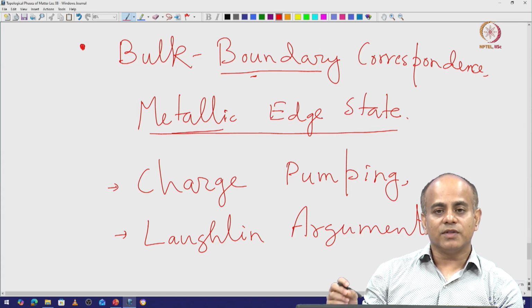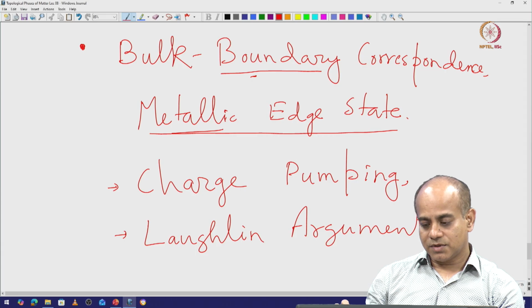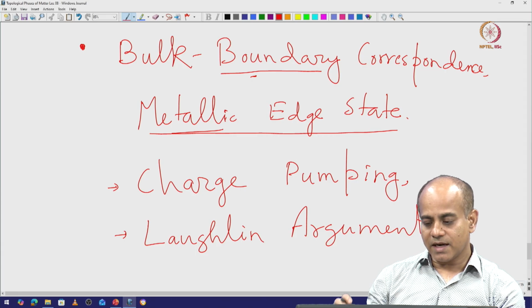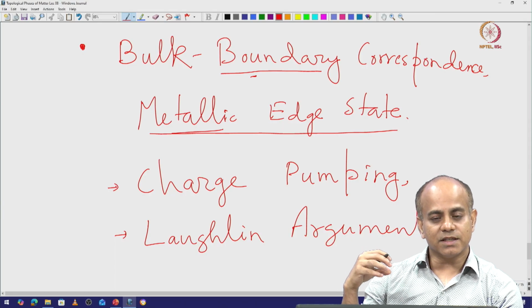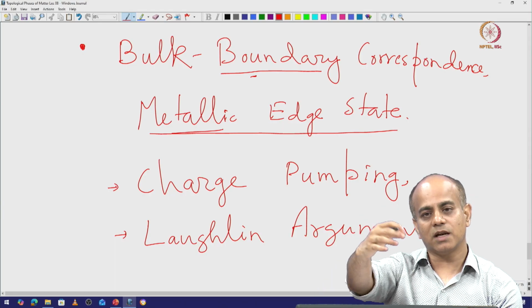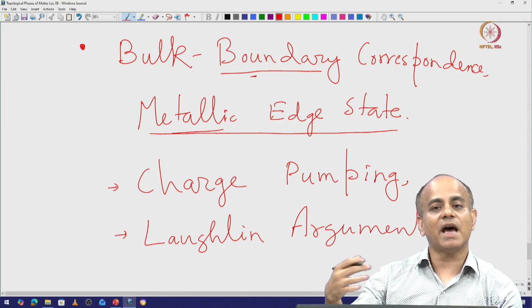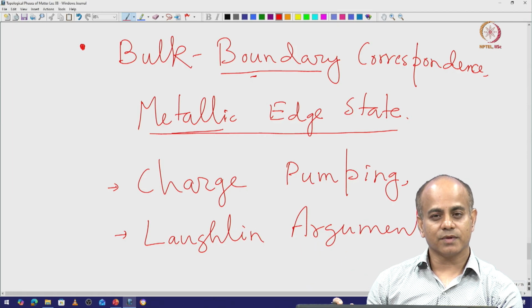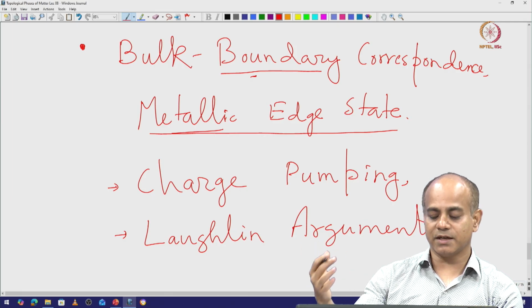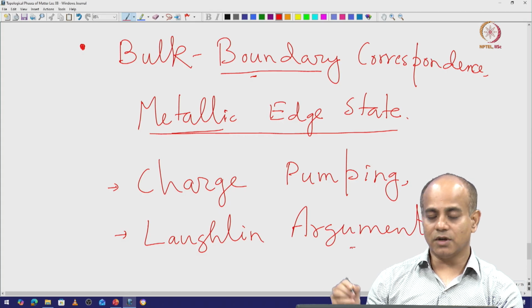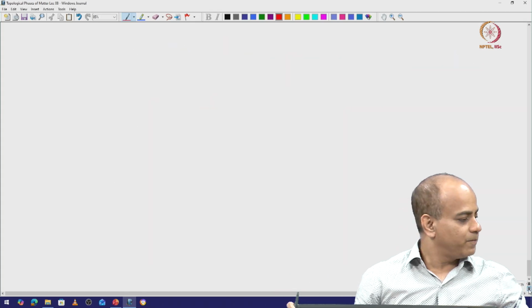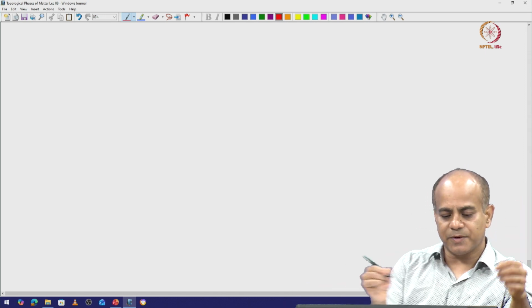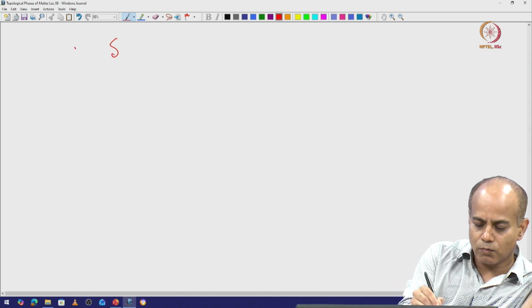We will explain that as we change the magnetic field, from each cyclotron orbit there is some charge that moves from the bulk to the edge, and that is how the current increases and the conductivity increases, and we will also touch upon the Laughlin argument. All right. So, the semi-classical picture is this.